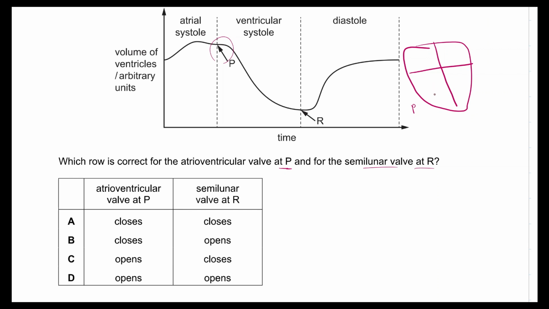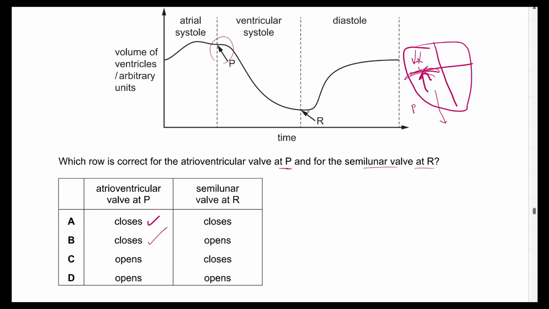Therefore, it pushes the semilunar valve open and forces blood outside, either into the aorta or the pulmonary artery. And then the atrioventricular valve shuts at the start. The reason for this is that the pressure in the atria is now very low and cannot overcome the pressure in the ventricles. Therefore, it pushes on the cusps, shutting the atrioventricular valves at the start. Therefore, the atrioventricular valves at the start must be closed.